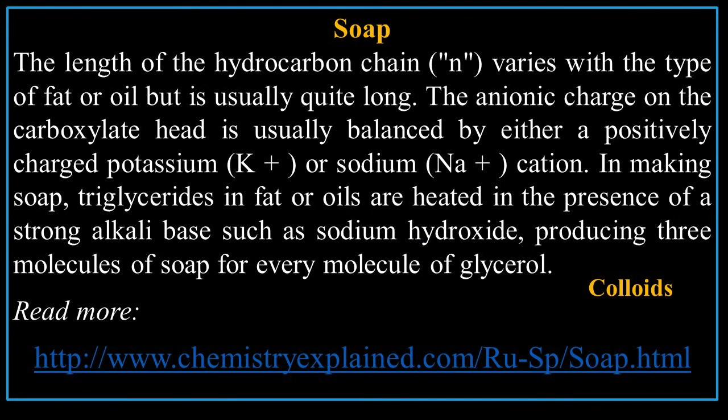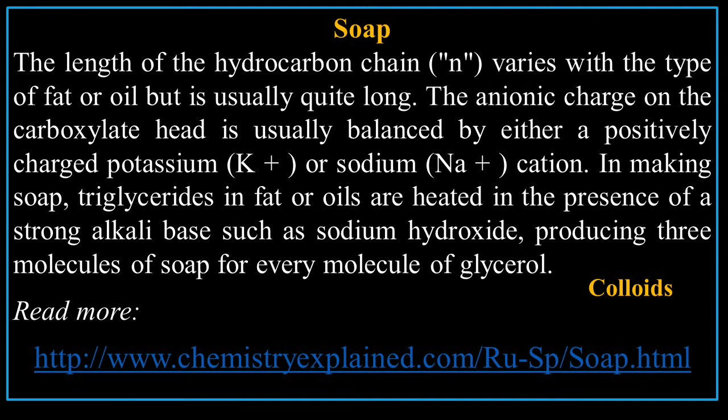The length of the hydrocarbon chain, n meaning the number of carbons in the chain, varies with the type of fat or oil, but is usually quite long. What I showed you on the former slide is a very short example. The anionic charge on the carboxylate head is usually balanced by either a positively charged potassium, K+, or sodium, Na+, cation.